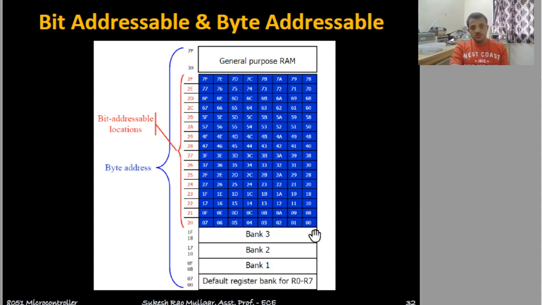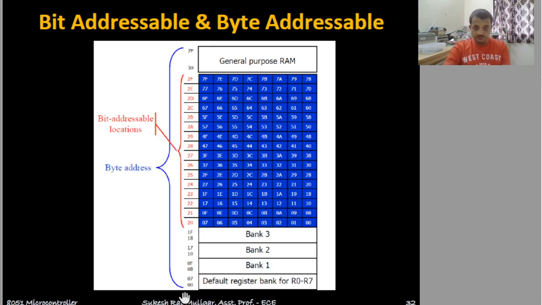So if you want to change the first bit of this 20H, then you have to use the bit addressable instruction where you give the address as 00. So this 00 address is fixed for this bit addressable range. Byte address is different, bit address is different.